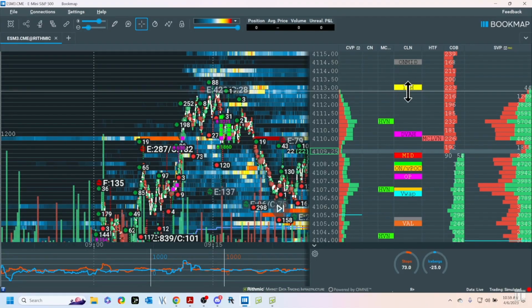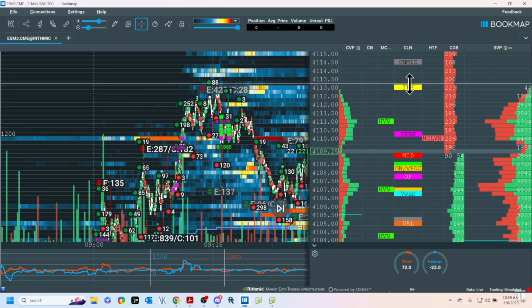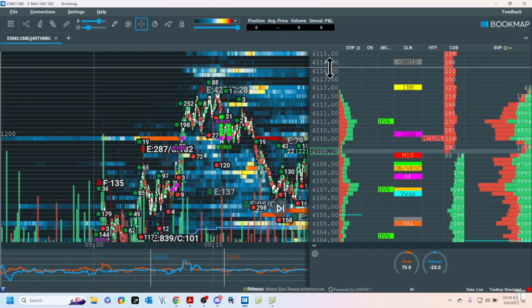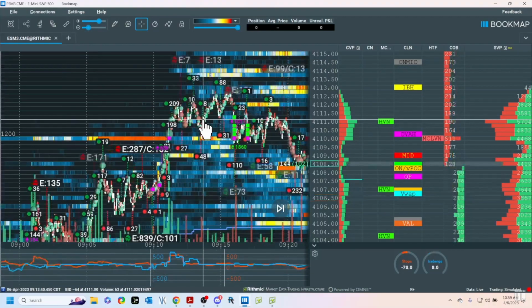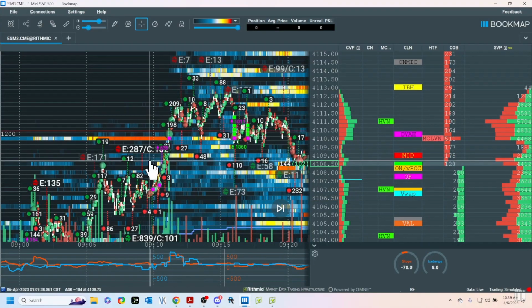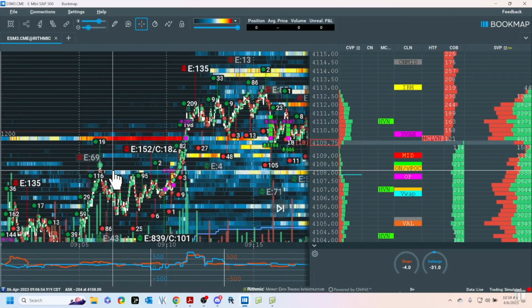The IB high getting taken out is almost a 70% probability. And the overnight mid, which is above us, 83%. And yesterday's point of control, 70%, which are our targets for the longs. So now what you've got to be thinking about is, how do I get long? So let's go take a look.